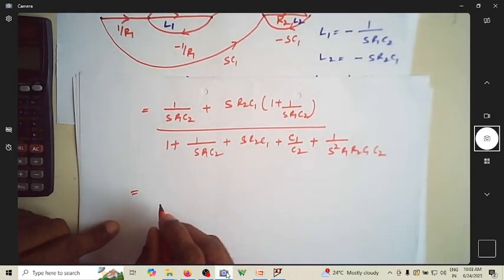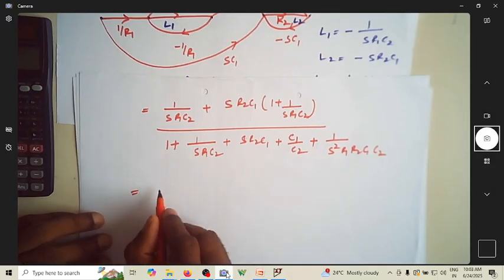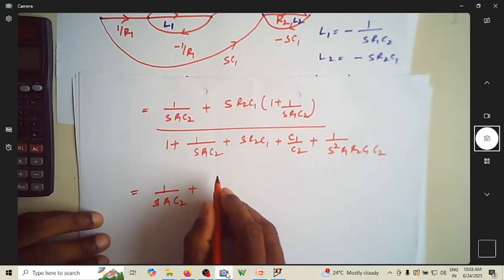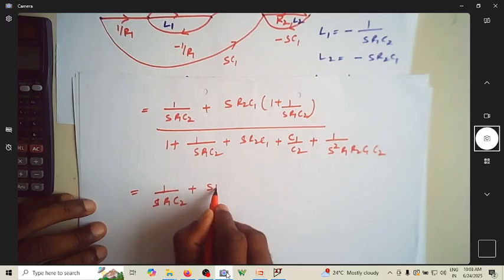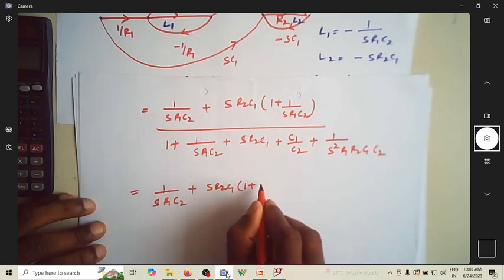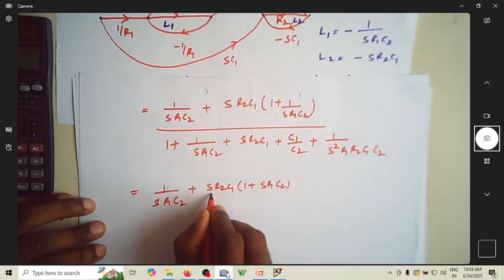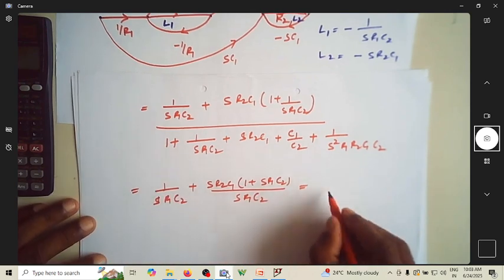So I can simplify this. So this is now 1 over S R1 C2 plus S R2 C1 into 1 plus 1 plus S R1 C2 divided by S R1 C2. So R1 C2 is common here.